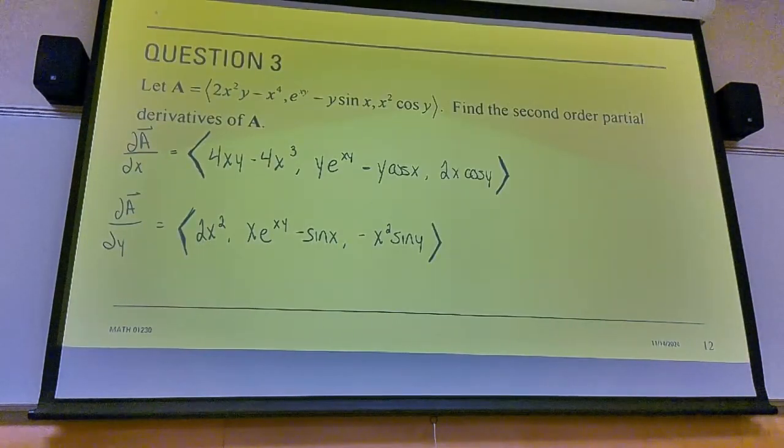How'd you do it? Which one did you do? I'm looking at partial A, partial y, and differentiating with respect to x. So what did you forget?